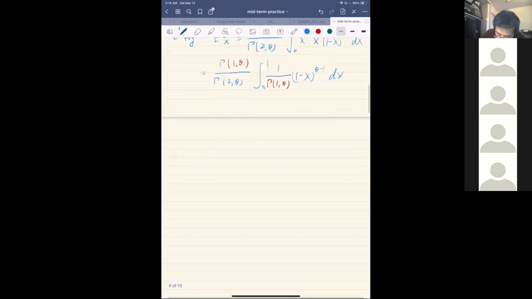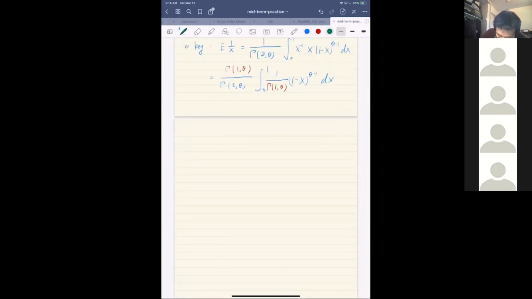Okay, so then this one will be 1. So then we only have to deal with this ratio. This is equal to 1 theta, 1 plus theta, divided by 2 theta, 2 plus theta.